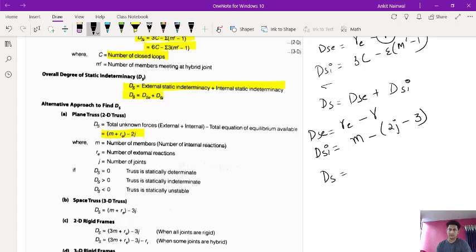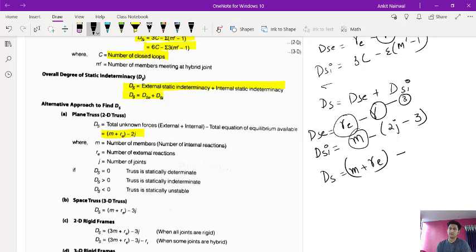Overall static indeterminacy will be, first of all, external plus internal: the number of unknown reactions, that will be M plus Re, member plus number of external reactions, minus the equations of equilibrium required.